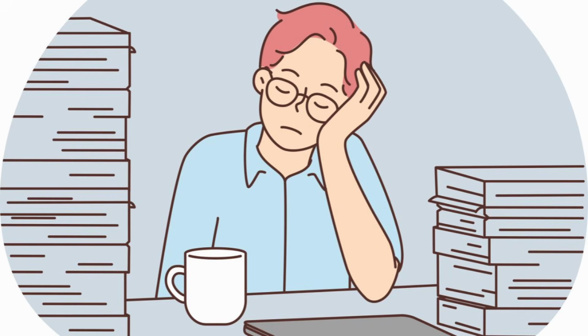The second example. If I had gone to bed earlier, I wouldn't have fallen asleep at work. So in this example, I was so tired that I fell asleep at work.